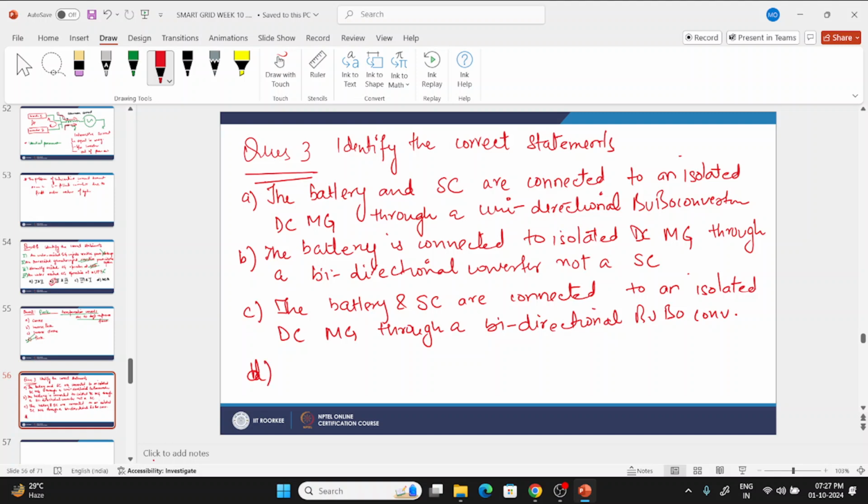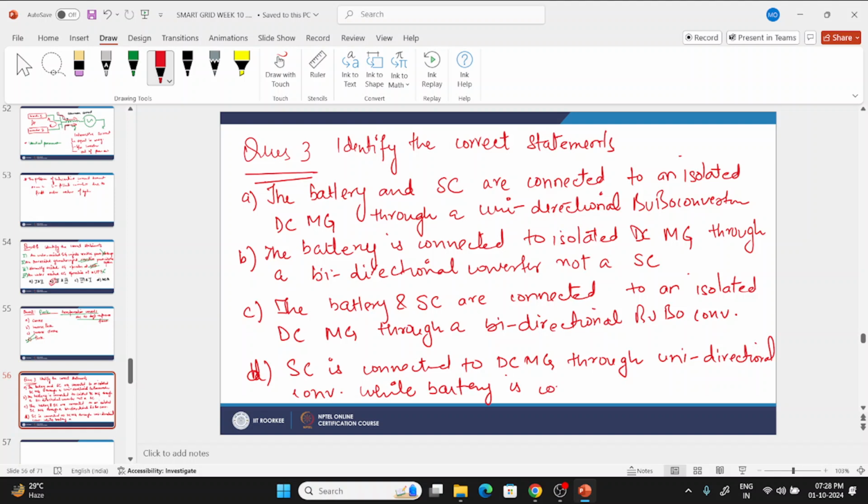D: The supercapacitor is connected to the DC microgrid through a unidirectional converter, while the battery is connected through a bidirectional one, which is the correct answer.